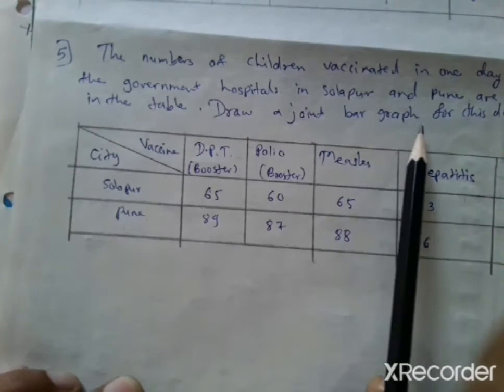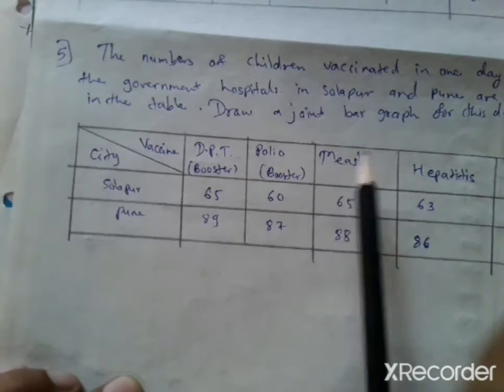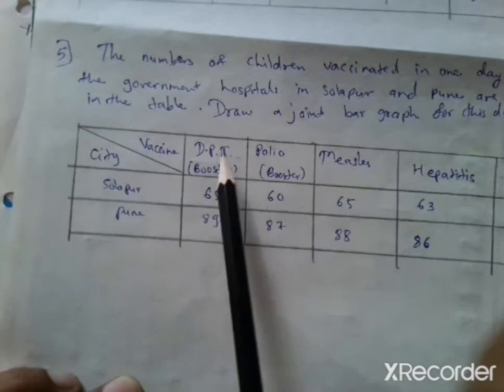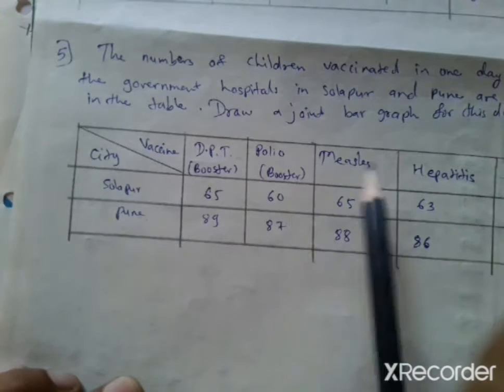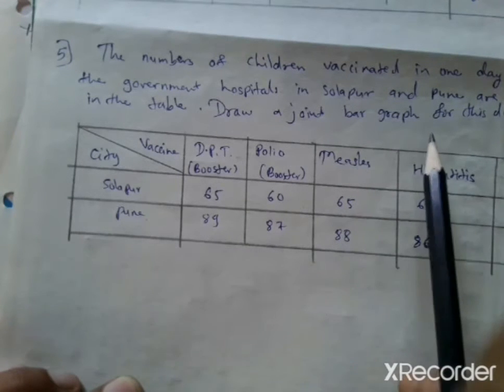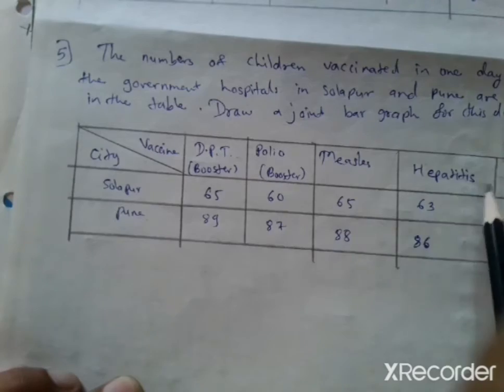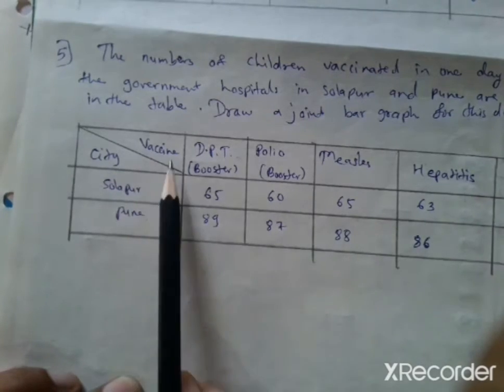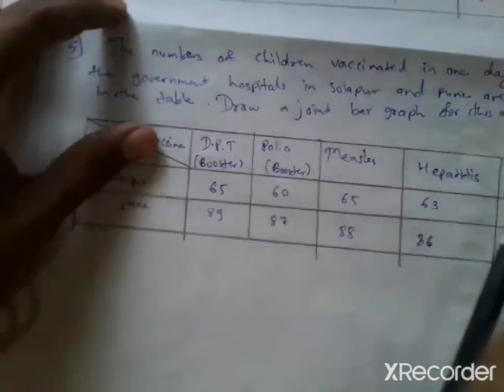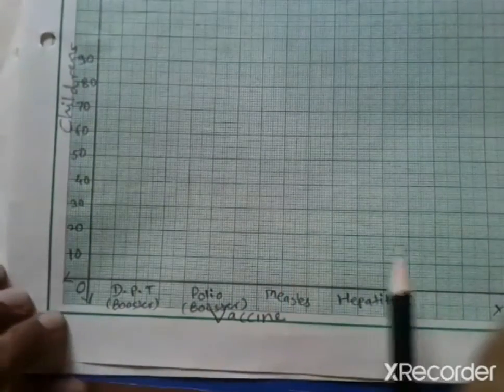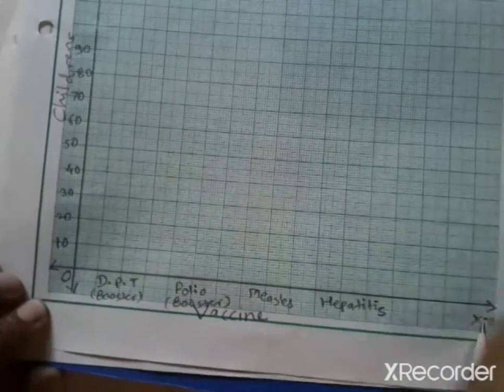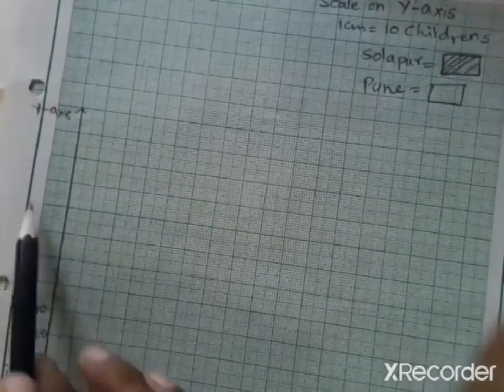Draw a joint bar graph for this data. So here DPT booster, polio booster, then measles, then hepatitis. The cities Solapur and Pune are given, and the vaccines are also given. According to our steps, first you have to draw the x-axis and y-axis.